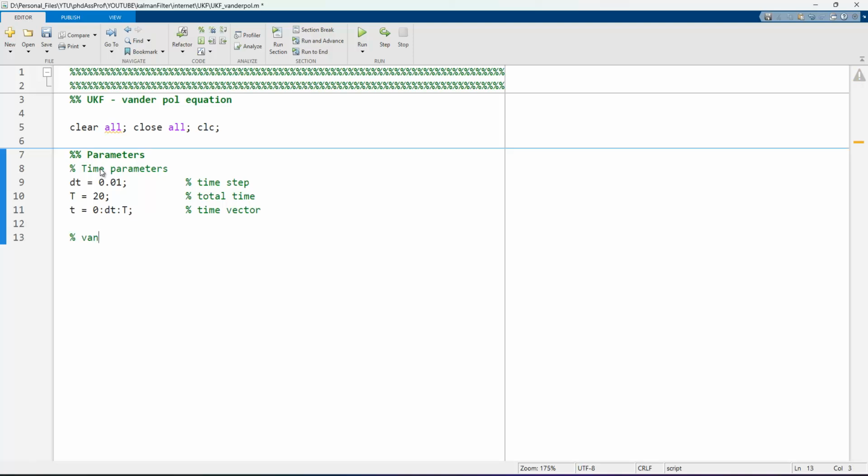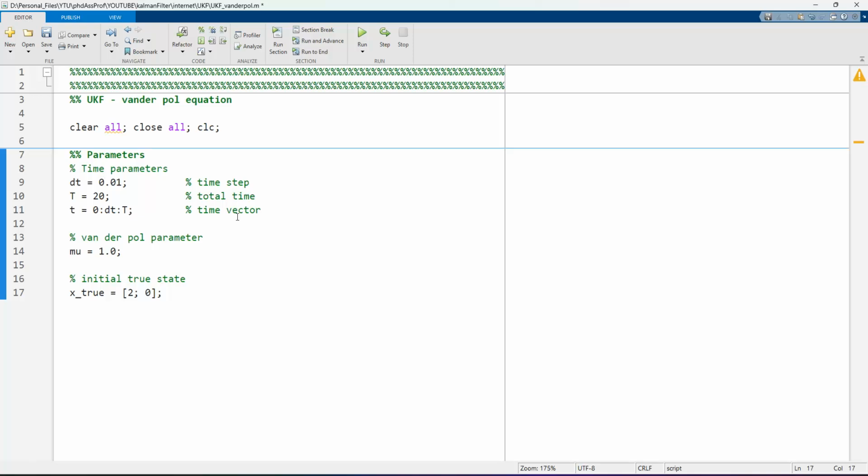So for the van der Pol parameter, we need to give the mu value 1.0. Okay, and also the initial true state variable x true is equal to 2 and 0.